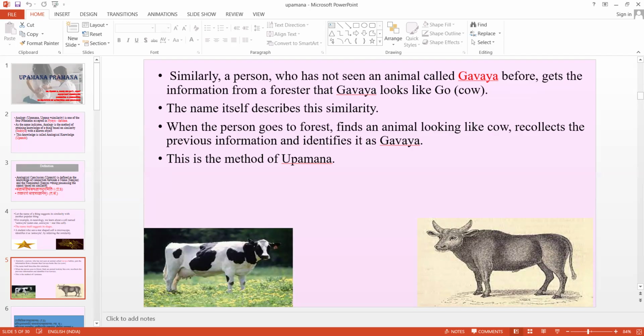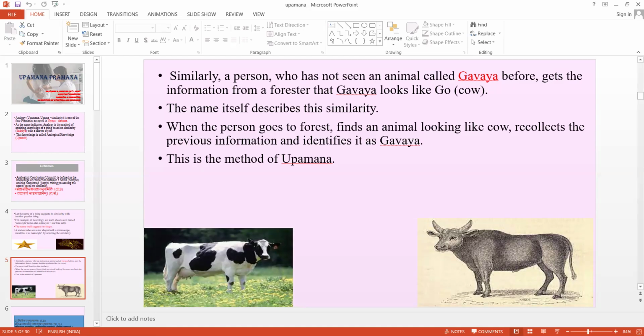Whenever the person goes to the forest and finds an animal that looks like a cow, he recollects the previous information told by the forester, and he identifies that as Gavaya. That is through Sadrishya. So keep in mind these three points.